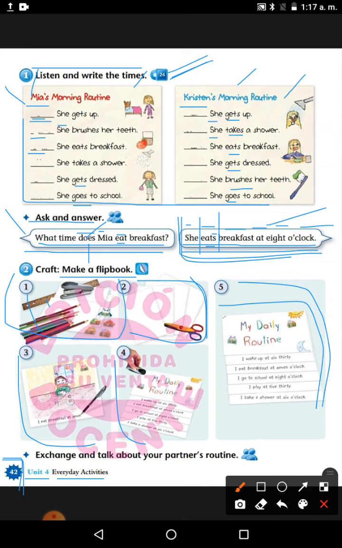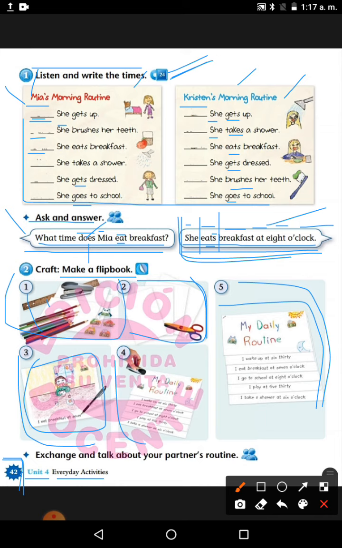So let's suppose that you are going to write 5 activities, okay, of your daily routine. So you have to use 5 sheets of paper because you are going to make a simple drawing, okay, of your activity.